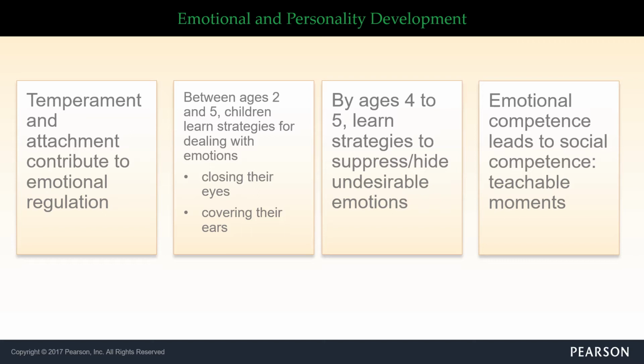So as adults, what we need to do is make sure we take advantage of teachable moments when emotional situations arise, and talk with the children about what emotion they might be feeling and label that emotion, and then talk with them about what would be appropriate behavior in relationship to that emotion.